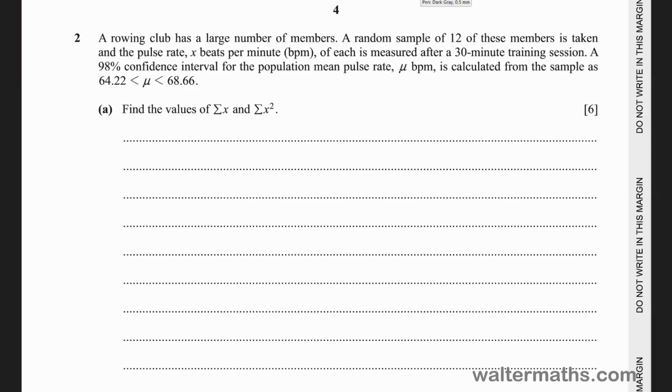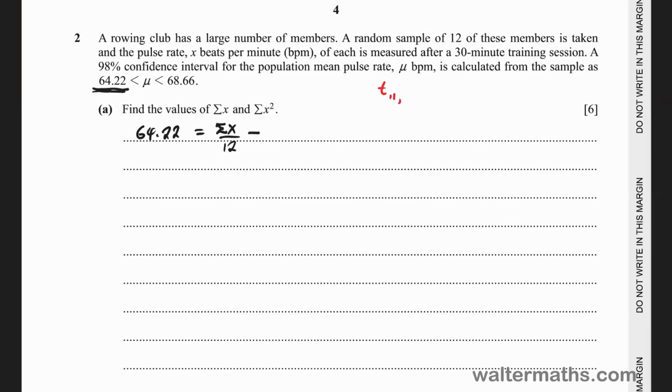For this particular question, we are going to make use of, first of all, the lower bound for the interval for mu. Okay, so that's 64.22. And we're going to say that that's equal to the mean. The mean is calculated as sum of x over n. N in this case is 12. And that's minus the critical t value. The critical t value here is t with 11 degrees of freedom.